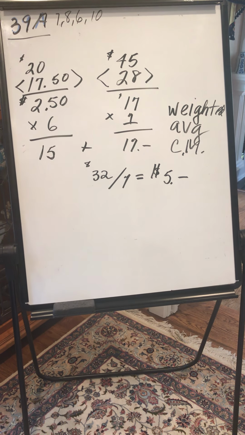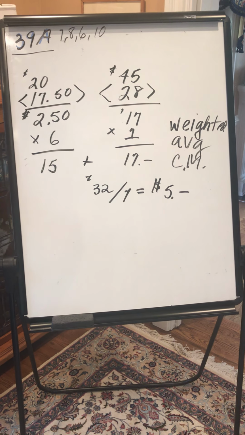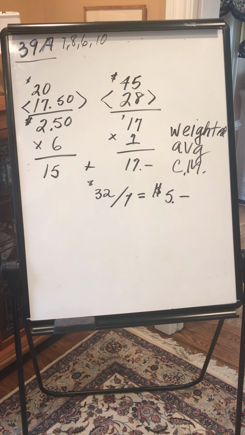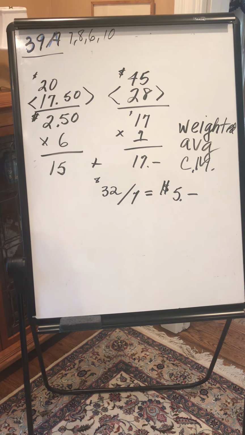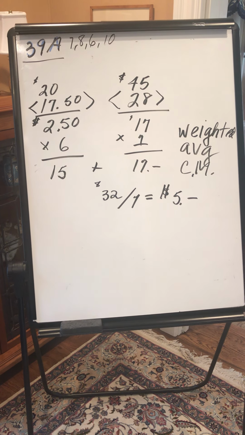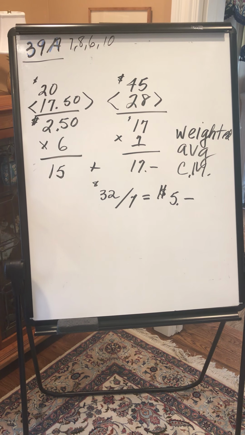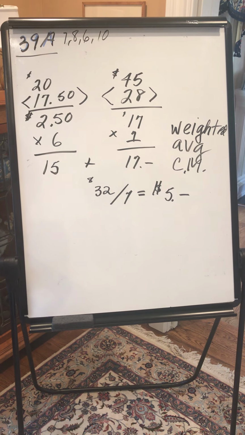Okay, so now we're going to go back and use our fixed costs because they want to know how many of these they need to sell to earn that profit that they had talked about. So first of all, let's get our fixed costs.